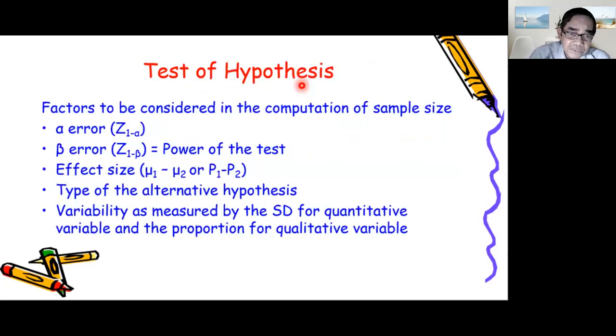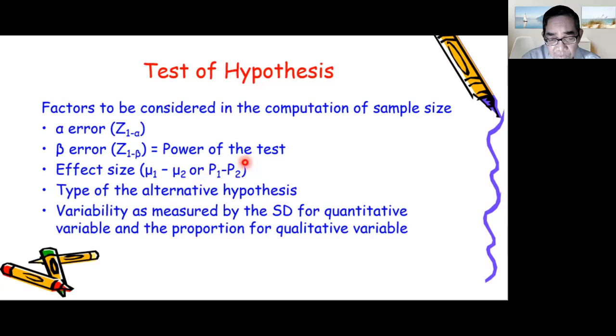And the factors to be considered in the computation of the sample size for the test of hypothesis will be this alpha error, that's denoted by Z sub 1 minus alpha, the beta error, and that's also related to the power of the test. The effect size will be the difference between the two means, mean sub 1 and mean sub 2, or the two proportions, proportion sub 1 and proportion sub 2.